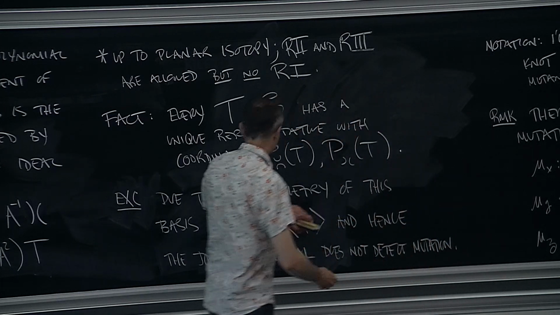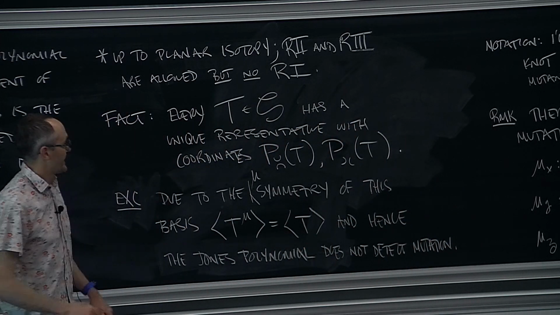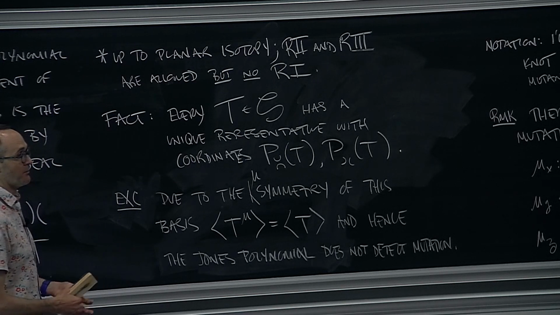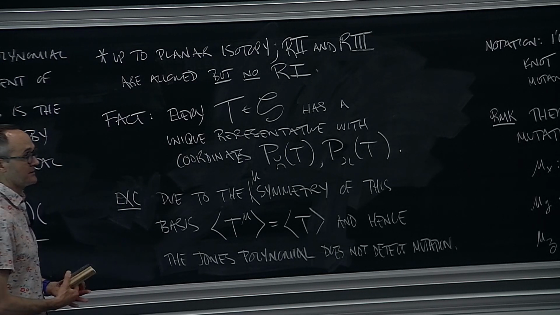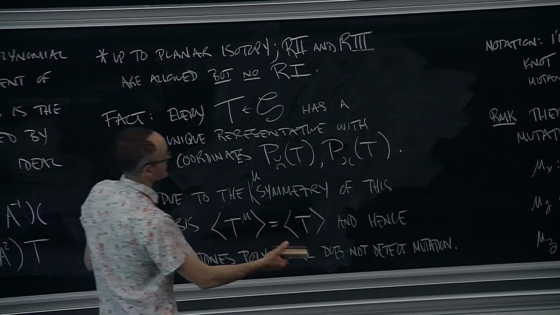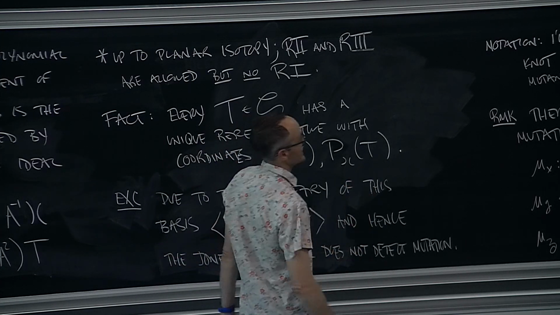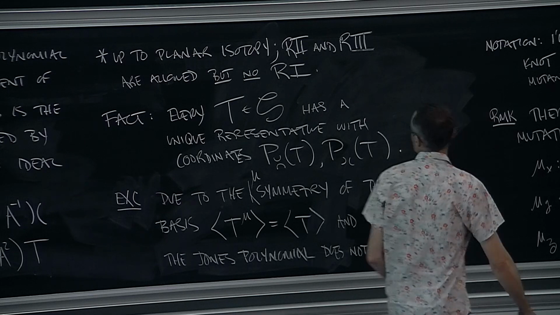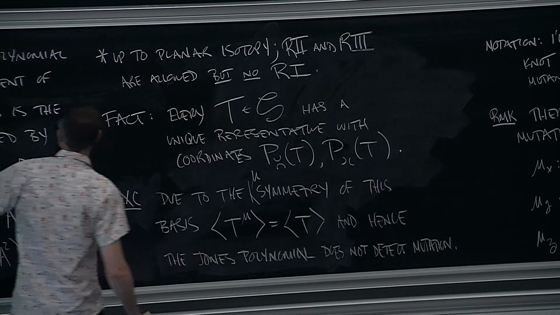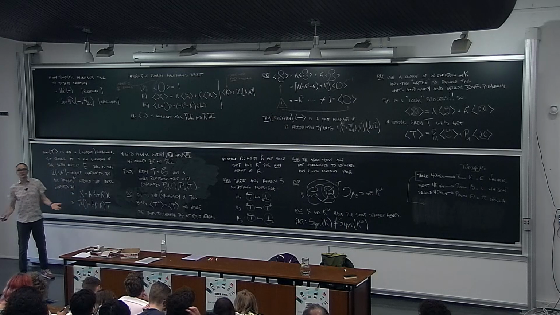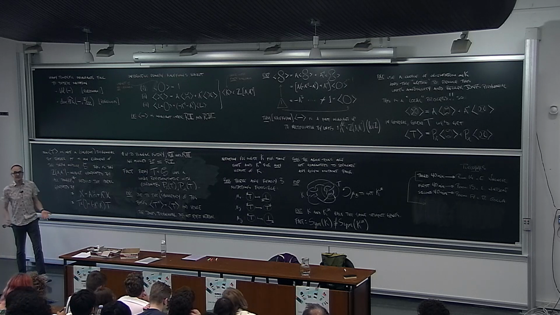And the reason I'm going through this background is that this is to some degree the book proof of this fact. After you see the Jones polynomial from this perspective, it has to be mutation invariant, because this object has this particularly beautiful symmetric basis that is mutation invariant.